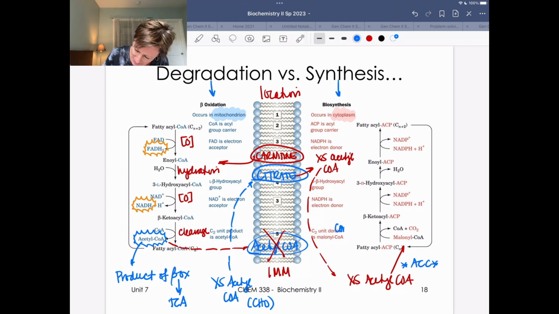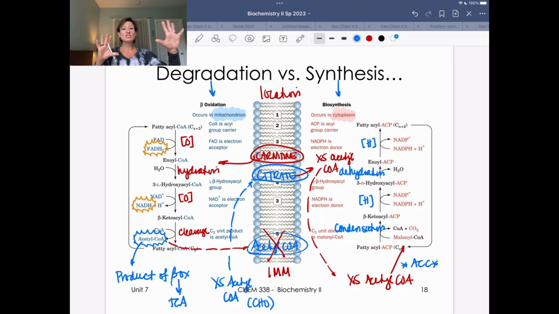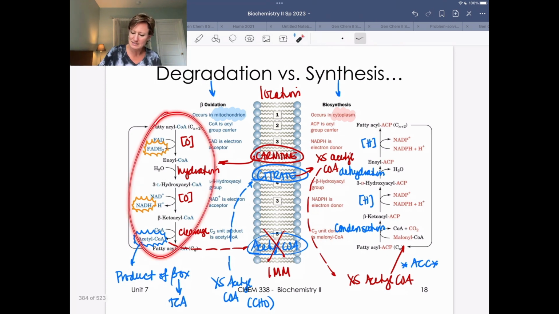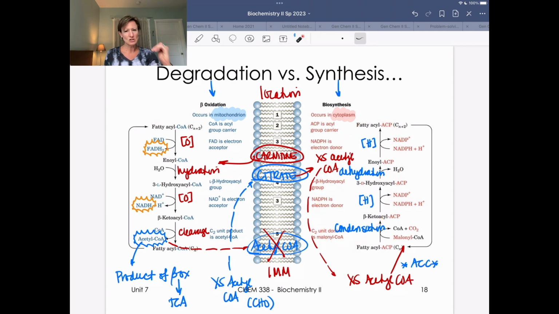Now we're going to have condensation, okay, reduction, and then dehydration. So reduction we'll show like that, and then we're going to have dehydration, reduction. So I want you to see the parallels with the process of beta oxidation versus fat synthesis. Oxidation, hydration, oxidation, cleavage, condensation, reduction, dehydration, reduction.